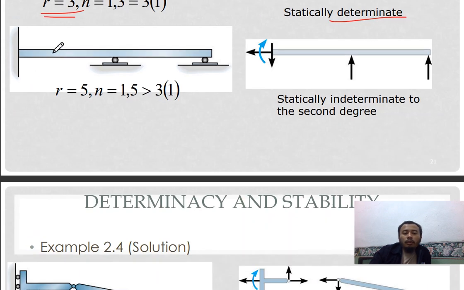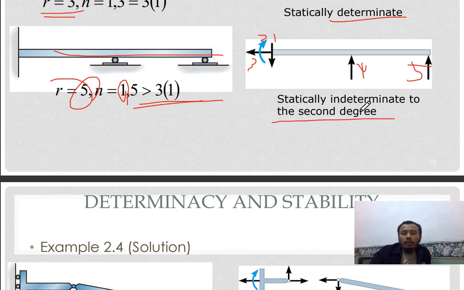Next, also 1 member, but you have 5 unknowns: 1, 2, which is moment, 3, x, and then this is number 4, this is number 5. So you have 5 unknown forces, which is too big, 5 against 3, so it is statically indeterminate to the second degree.